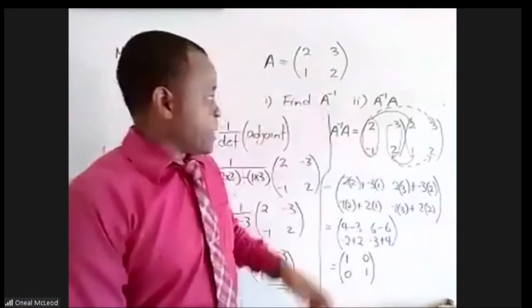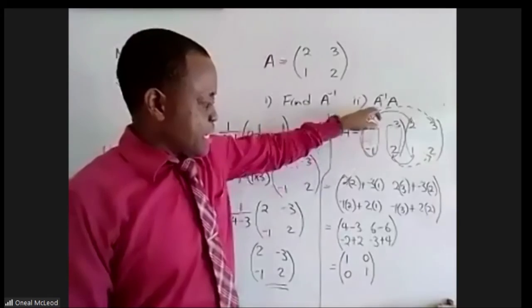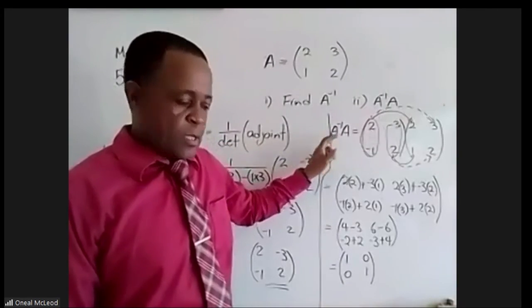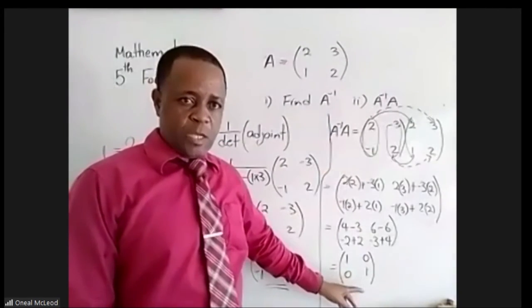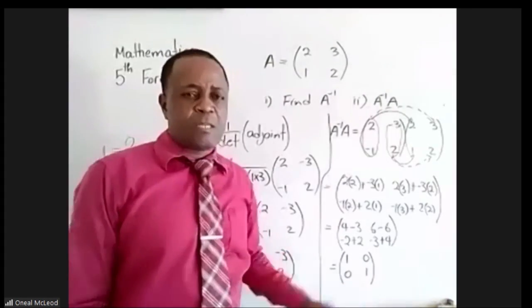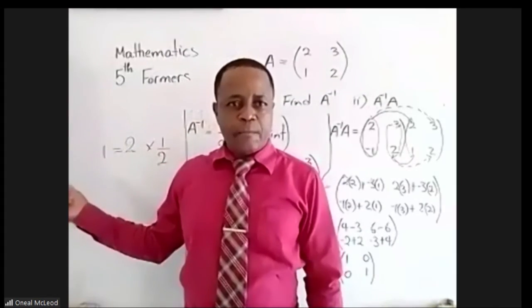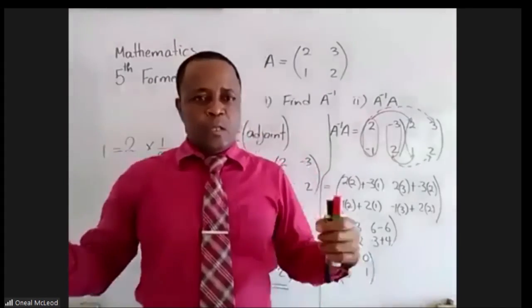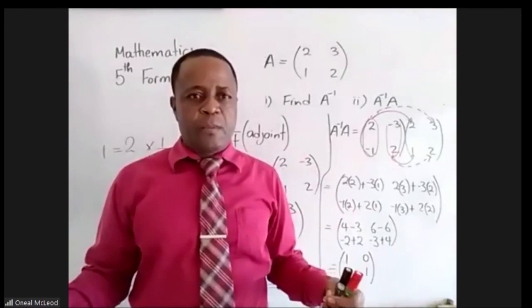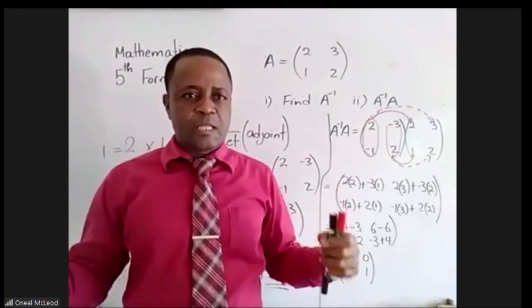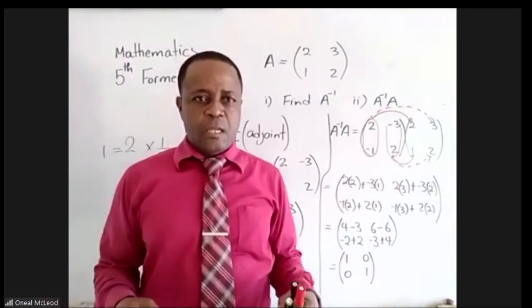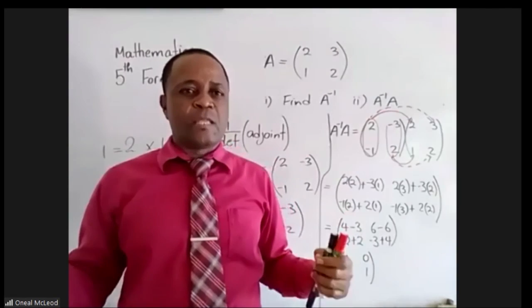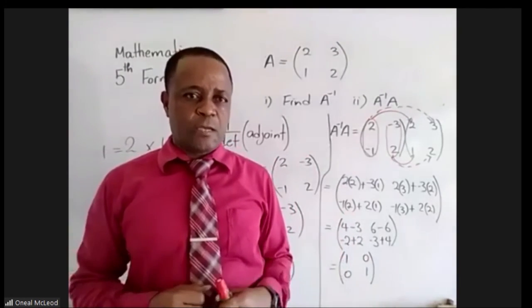When I multiply the matrix A by its inverse, we end up getting the unit matrix. The unit matrix operates like 1. So if I use the unit matrix to multiply another matrix, it will not change its identity. You will end up with that matrix just the same.